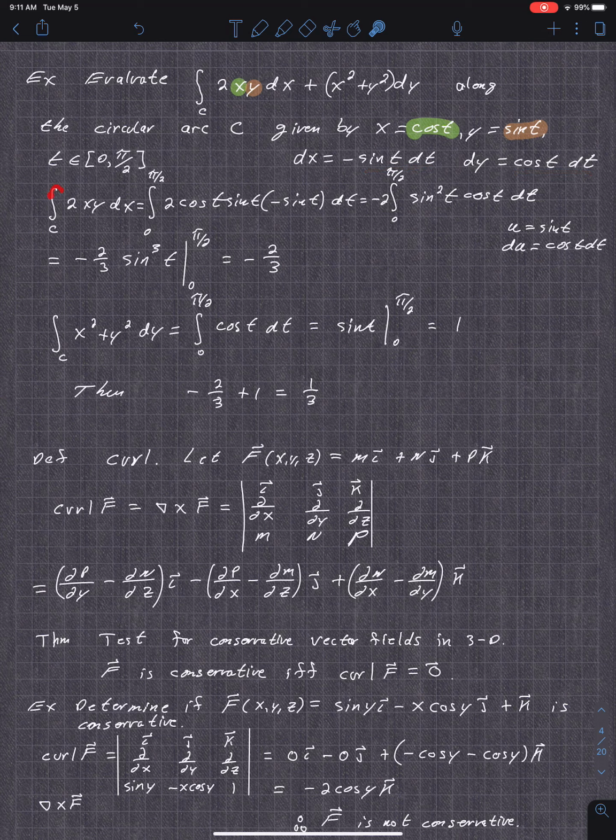So the integral of 2xy dx, from 0 to pi over 2. Here's 2xy, and here is your chain rule. And then x squared, y squared.